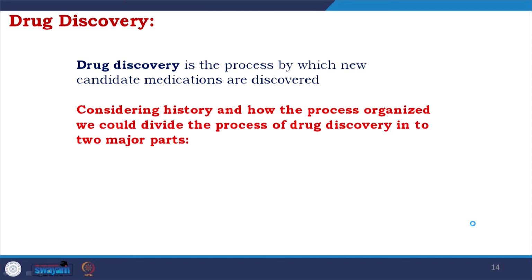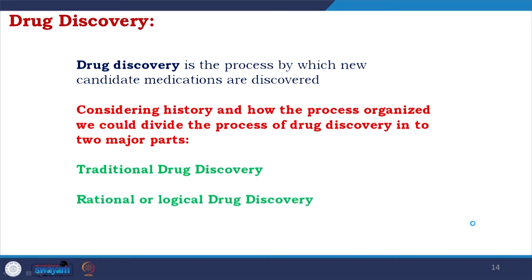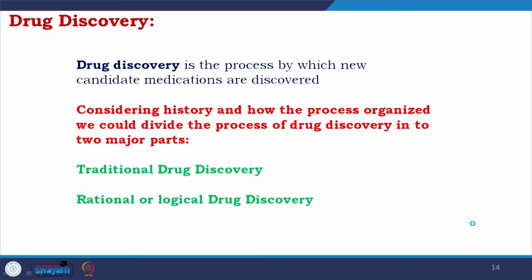Considering history and how the process is organized, we could divide the process of drug discovery into two major parts: traditional drug discovery and rational or logical drug discovery. What you see the pharmaceutical companies doing now is rational or logical drug discovery, but when it started we mostly did traditional drug discovery.